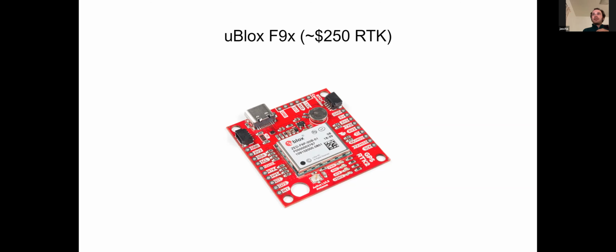If you don't have a correction station nearby, what you have to do is install one. And this is a pretty well-established process in agriculture, since a lot of farms are going to be within that 10-kilometer range. You install one correction station and then it gets beamed out to all of your tractors.